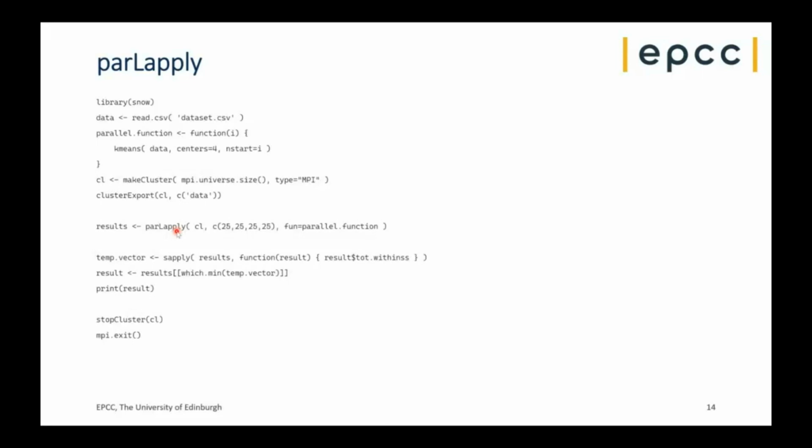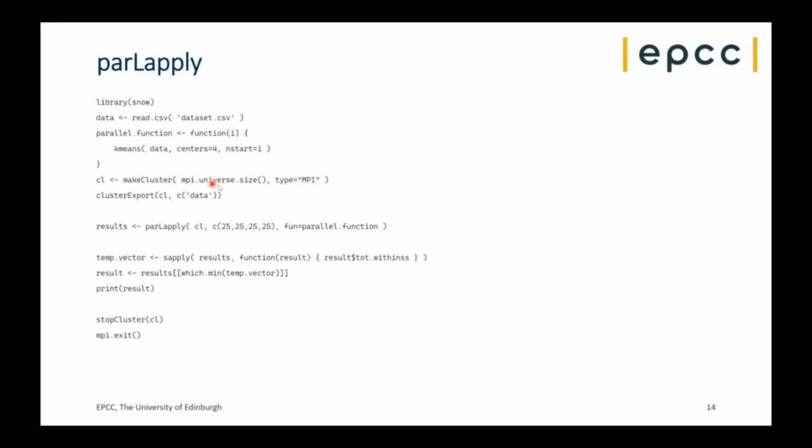If we want to do the same thing, but go beyond a single node, so we don't want to be restricted to all the cores in one node on ARCHER2, we want to be able to split up and run across 10 nodes or 100 nodes because we've got a very large data set, then we can use a number of different ways, but the example we have here is how you can use the snow library. You'd need to install it, and we give you information on how to do that in the practicals.